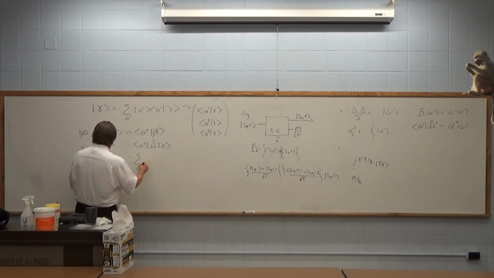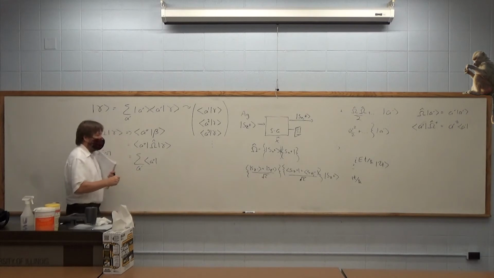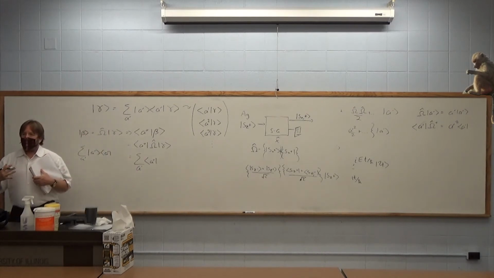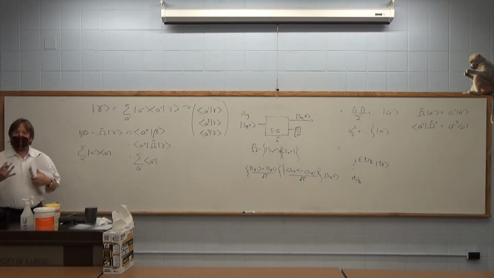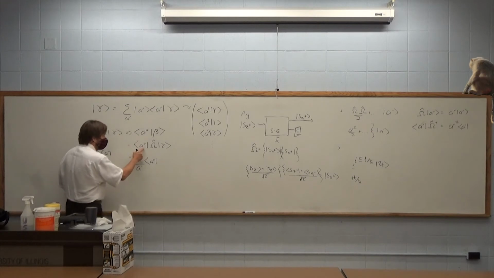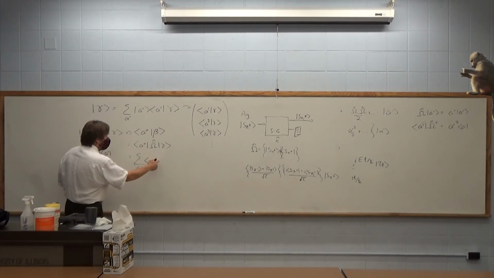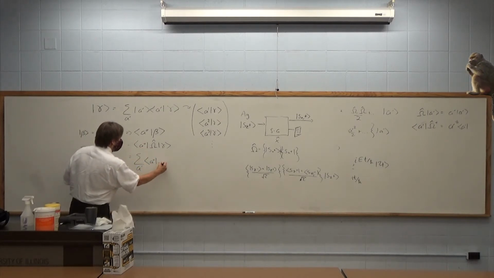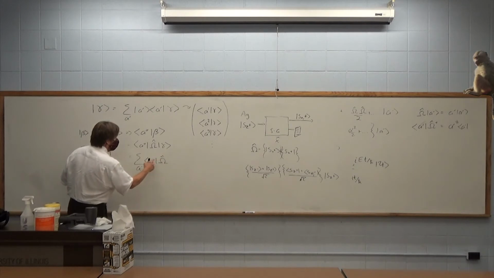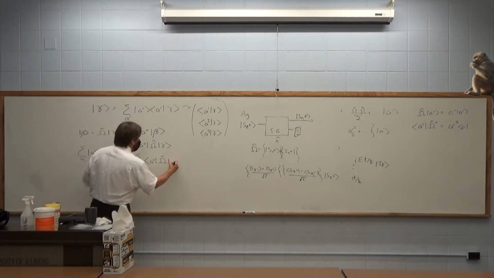I have to be careful where I insert it. I am very well aware of what the particle in a box states are, whatever my basis states are, I know what they are. And again, I'm using particle in a box as an example. I am not going to insert the resolution of the identity here. I am not putting it here. I'm going to instead put it here.